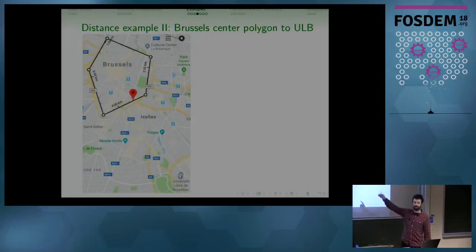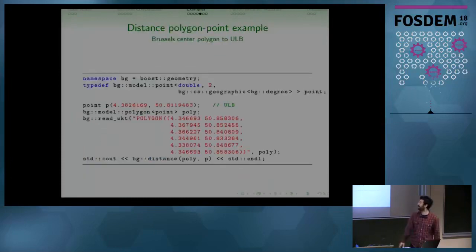So that will be the red dot, virtually, more or less. And this is a sample code for computing this. I create a point, which is the ULB. I create a polygon, which are the longitude, latitude of the Brussels polygon. And then I just ask what is the distance between these two objects.